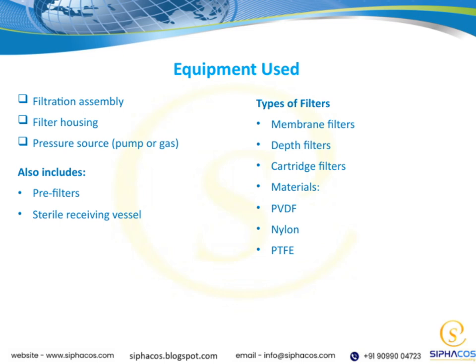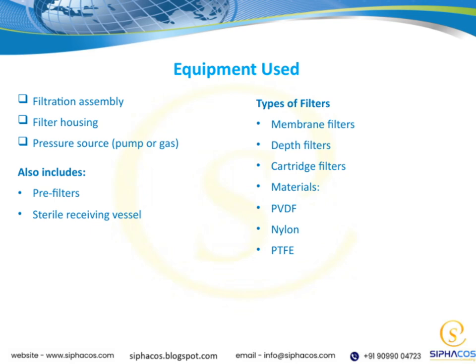Now let's look at the equipment used in filtration. The core component is the filtration assembly, which houses the filter itself. This is connected to filter housing, which holds everything securely in place. To create the necessary flow, we use a pressure source, either a pump or gas, to push the fluid through the filter.